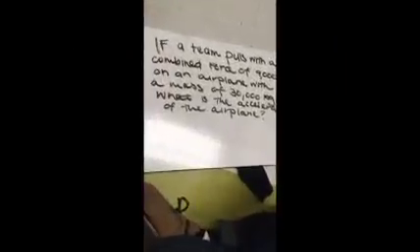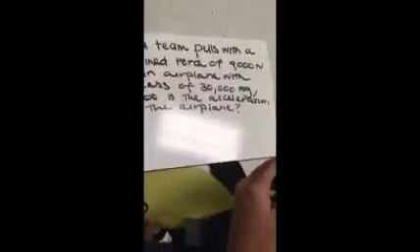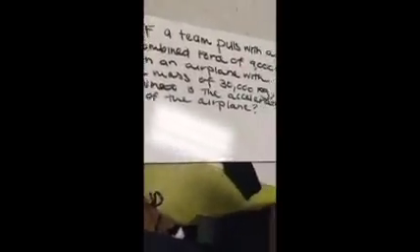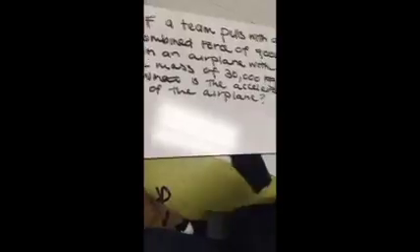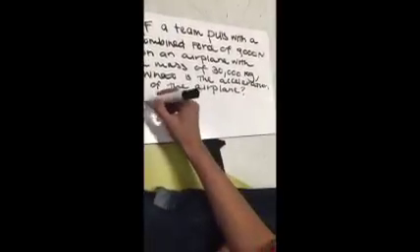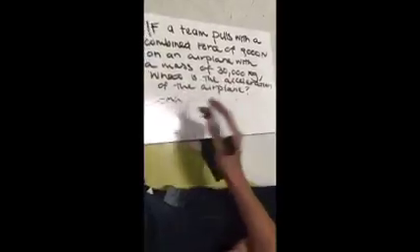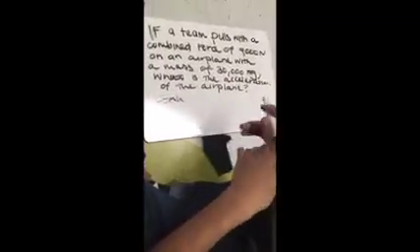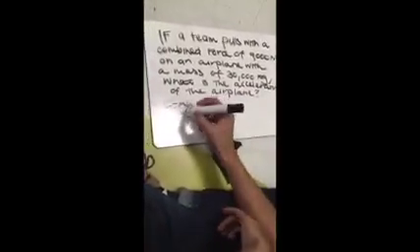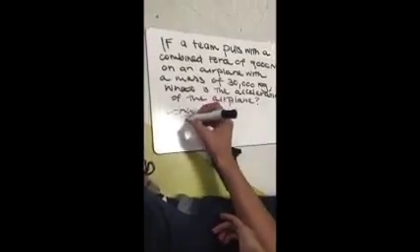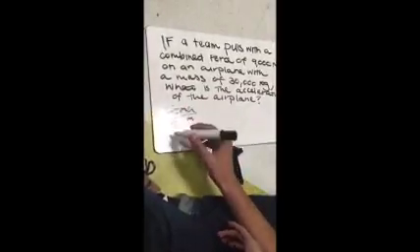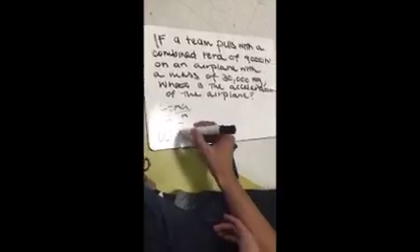If a team pulls with a combined force of 9,000 newtons on an airplane with a mass of 30,000 kilograms, what is the acceleration of the airplane? Going back to the formula, F equals ma, we're going to rearrange it so we can find the acceleration. We divide by m on both sides and end up with a equals F divided by m, and just plug in what we already know.